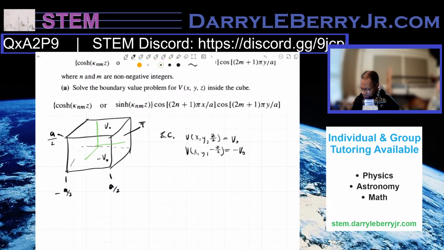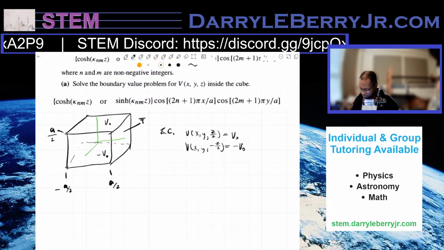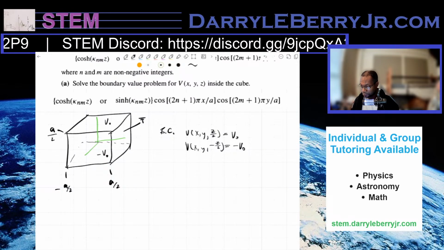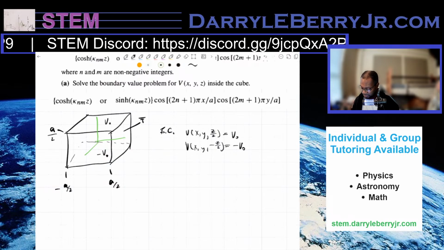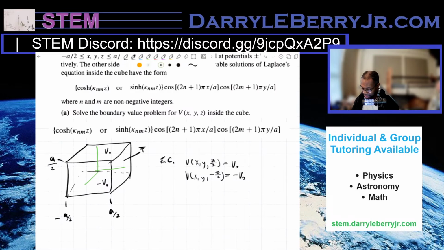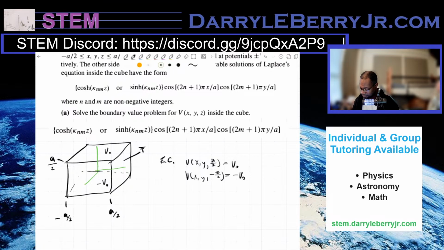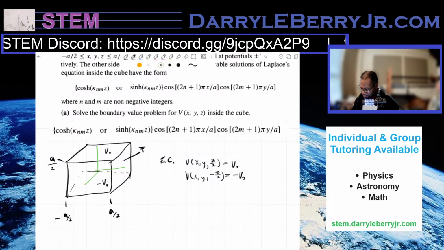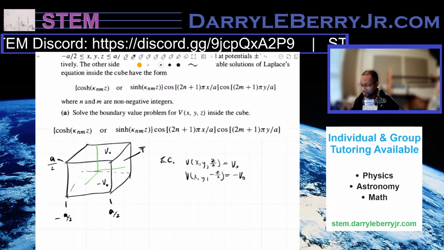What they're saying is we have to either multiply sine times that or cosine times that. The halfway point equals a value.